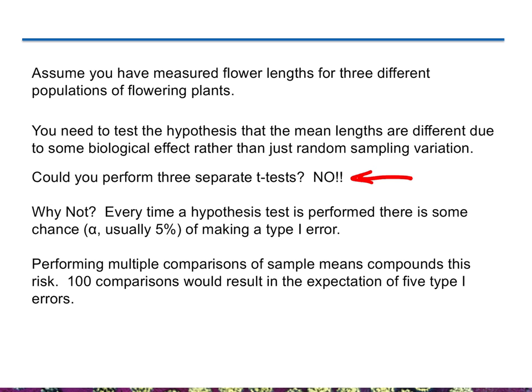That would give us a 15% chance of making a type 1 error, all right? For example, like I said before, if we perform multiple 2-sample t-tests, 100 comparisons will result in an expectation of 5 type 1 errors. So you're going to get type 1 errors if you do that, right? Can't do that. So we're going to do the ANOVA.